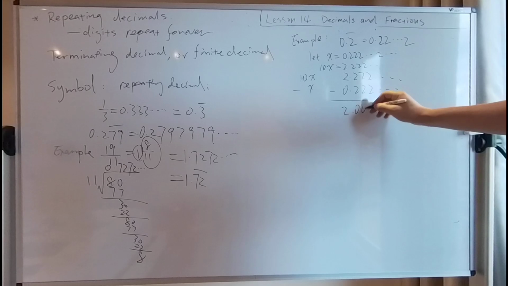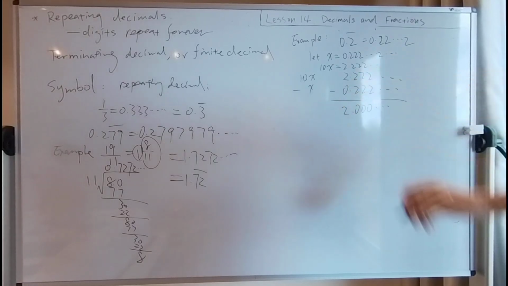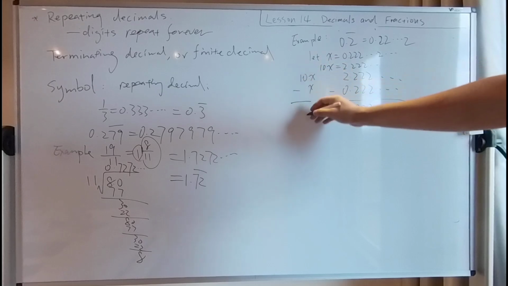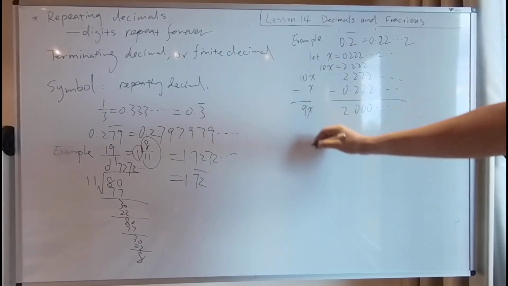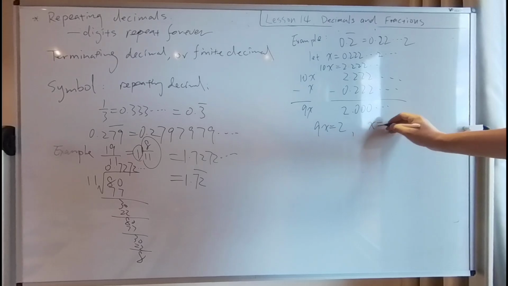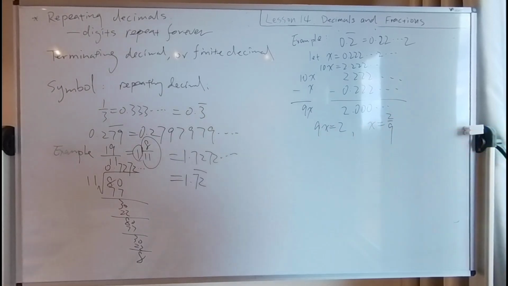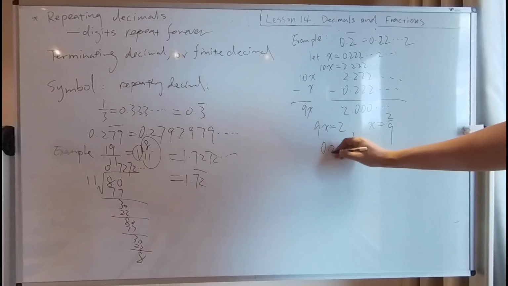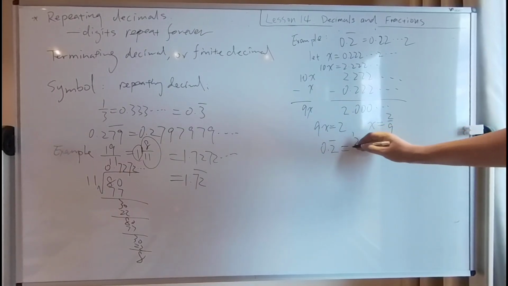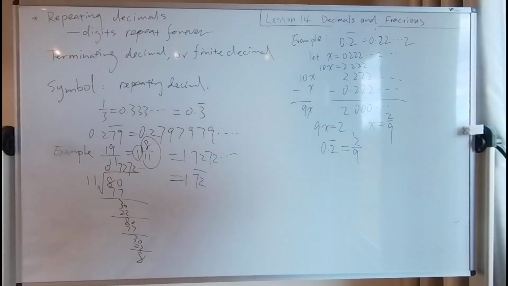The rest are all zeros because they both have infinitely many 2s. And on the left, 10x minus x is 9x. So I have 9x equals 2, so that x is 2 over 9. So essentially, this repeating decimal 0.2 with 2 repeating can be written as the fraction 2 over 9.